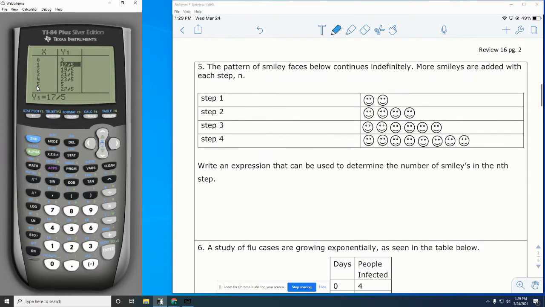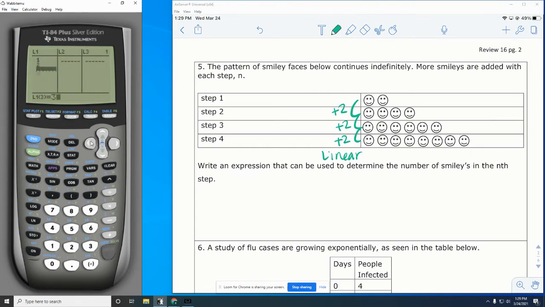For number 5, we have a pattern of smiley faces. More smileys are added with each step. Write an expression that could be used to determine the smileys in the nth step. From step 1 to step 2, I add 2 smileys. From 2 to 3, I add 2 smileys. And then 3 to 4, add 2. Because I'm adding the same amount every time, this is linear.